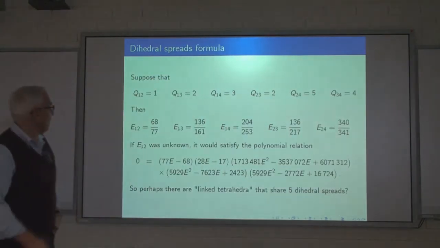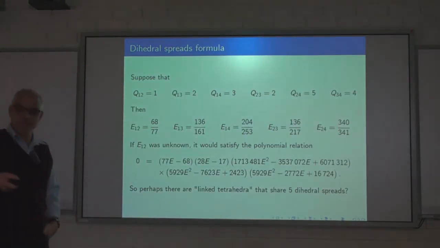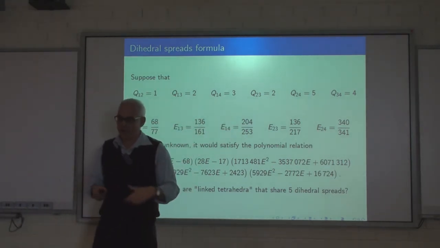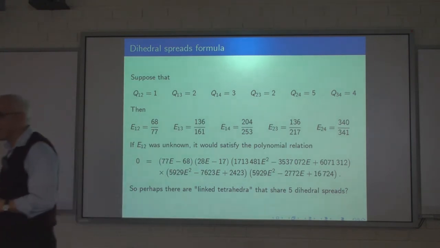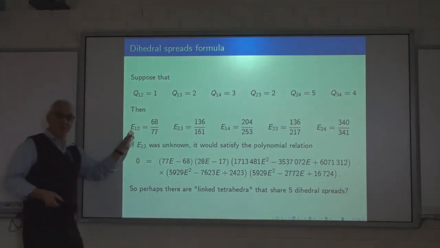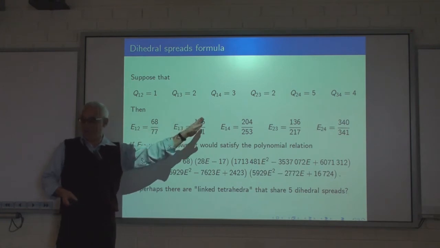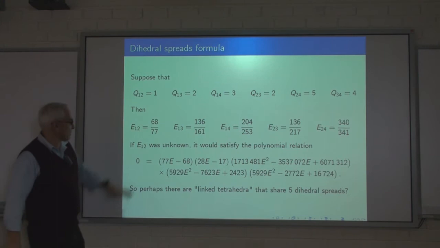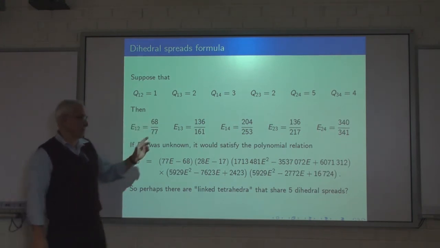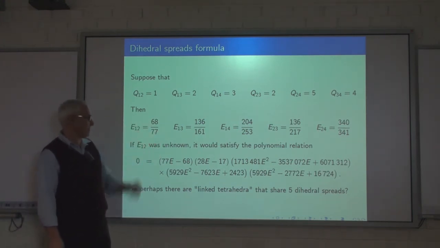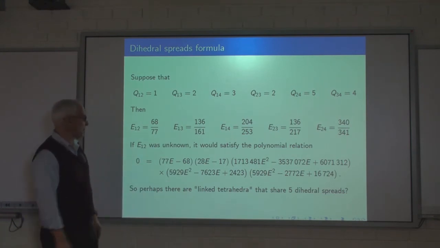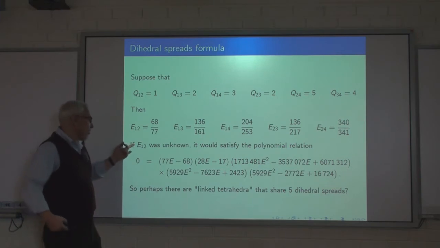But nevertheless, if we actually look at a specific example, so if I make up 6 quadrances, which we can do because we can basically choose any 6 quadrances to form a tetrahedron, and look at the formula that we've established, that'll establish the edge spreads, then you can ask the following question. Suppose you rubbed out E12 and you didn't know it. How could you find out what it was? Well, that previous formula, if you go through the motions, you'd find a polynomial relation for E12.